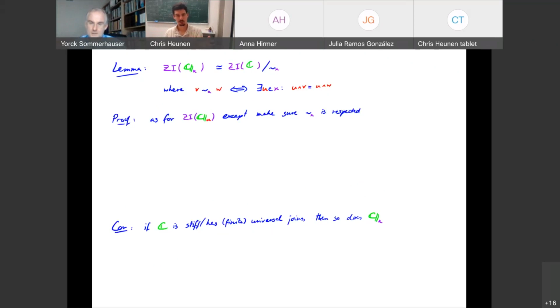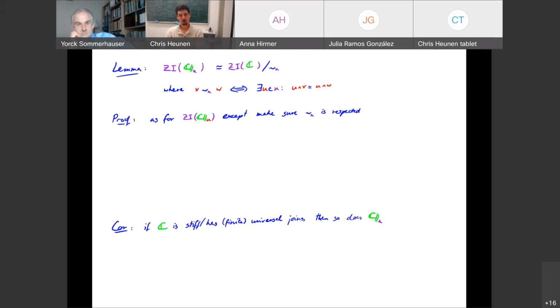Same way I can just say concretely here, the central idempotents of the stalk are a quotient of the central idempotents of the big thing, where I identify two things when they become the same when restricted to some U, some neighborhood of the point. So if in some neighborhood of the point they have the same intersection, then they're equal as far as I'm concerned here. And that's the exact same proof we had before, except now we just have to make sure everywhere that this equivalence relation is respected. And you can choose representatives, and it doesn't matter which one you choose.